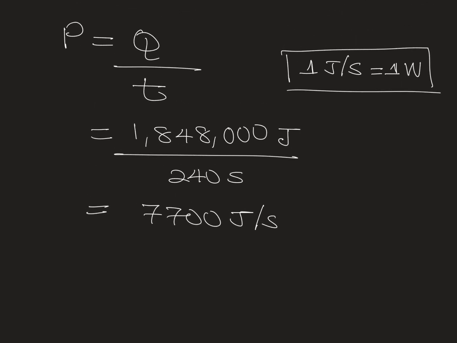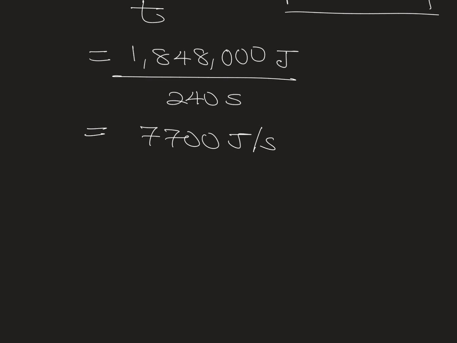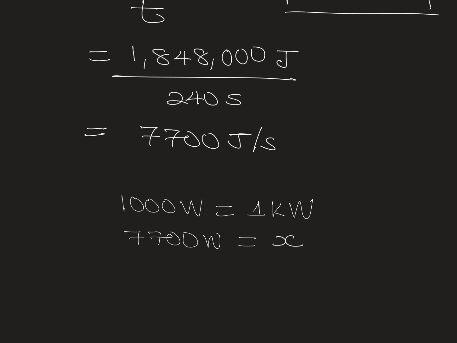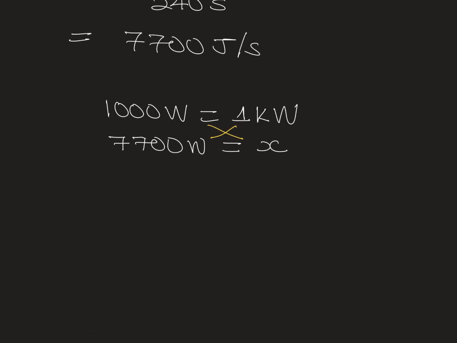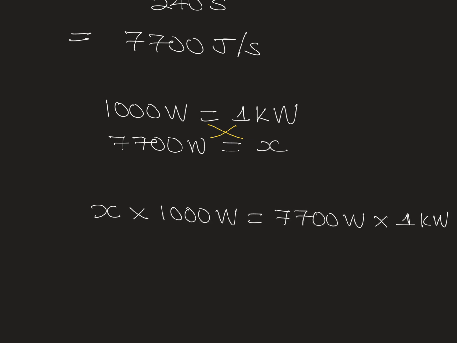But the question asks us to express our answer in kilowatts. So I know that 1000 watts is equal to 1 kilowatt. So if that is the case, 7,700 watts should be equal to, let's say, X. So we cross multiply. X times 1000 watts is equal to 7,700 watts times 1 kilowatt.